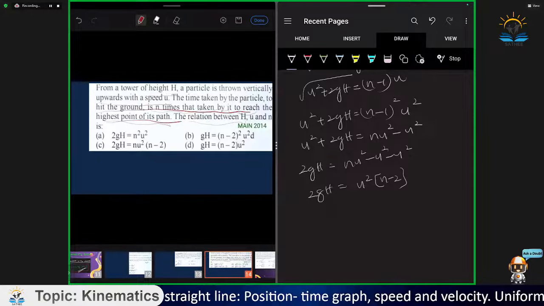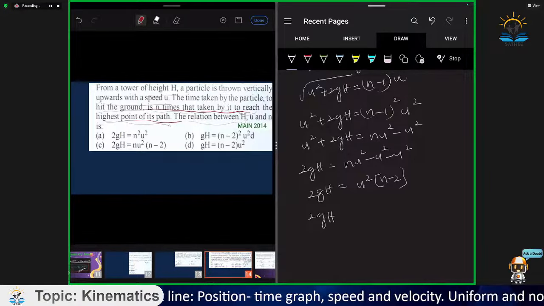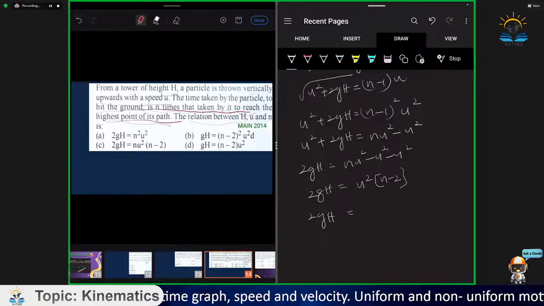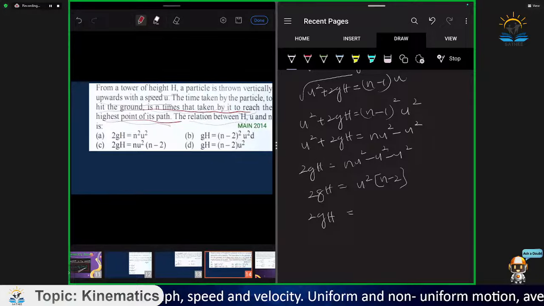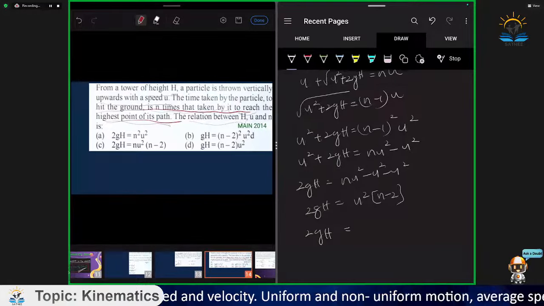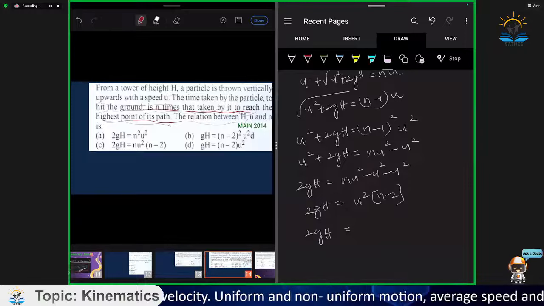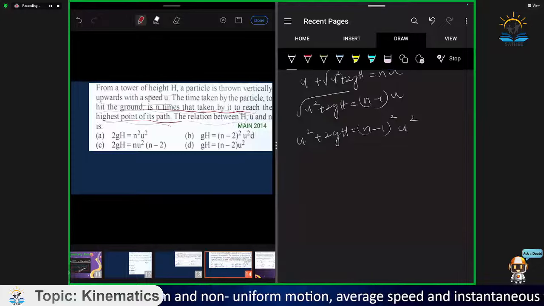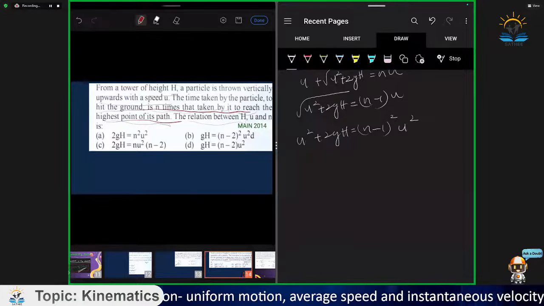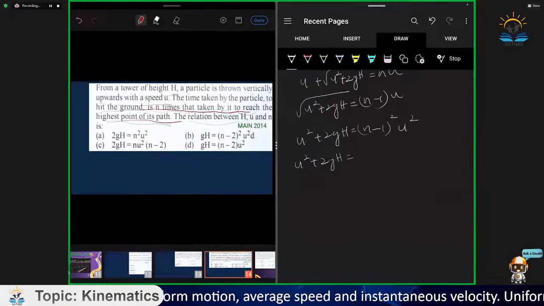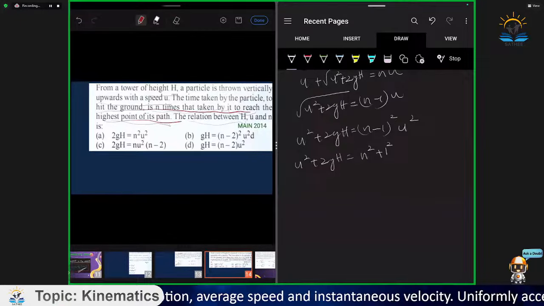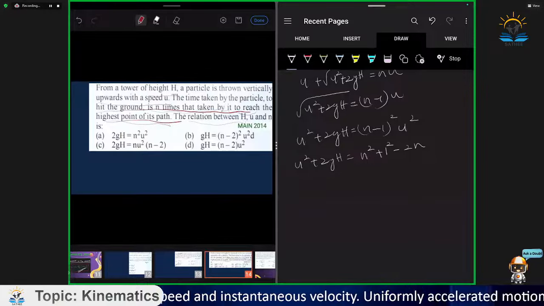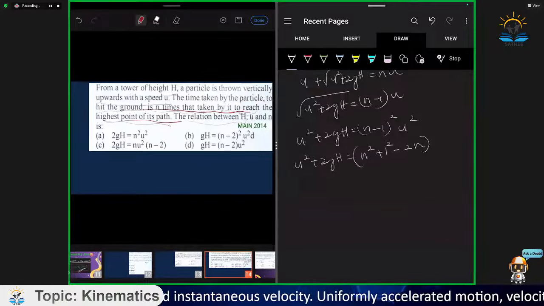So we got 2gh as n minus 1 whole square, see, u square plus 2gh equal to n minus 1 whole square, which is n square plus 1 minus 2n, right, into u square.